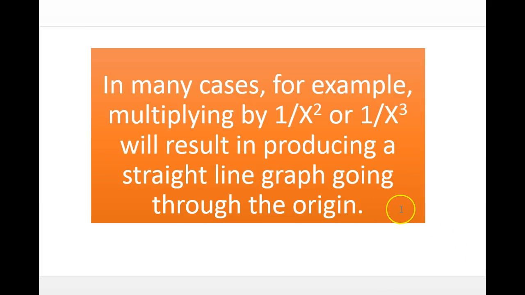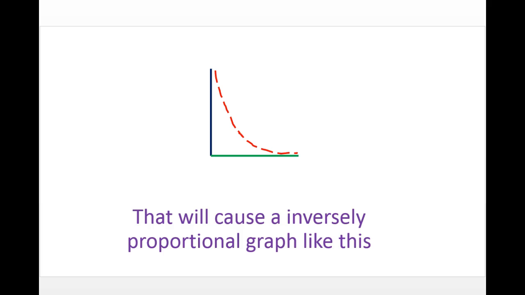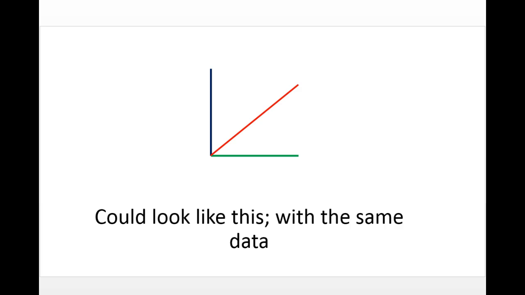In many cases, for example, k over x squared, or k over x cubed, would result in a straight line graph going through the origin. So generally, that could be a solution. This would cause the inverse proportionality to look like a direct one, with the same data.